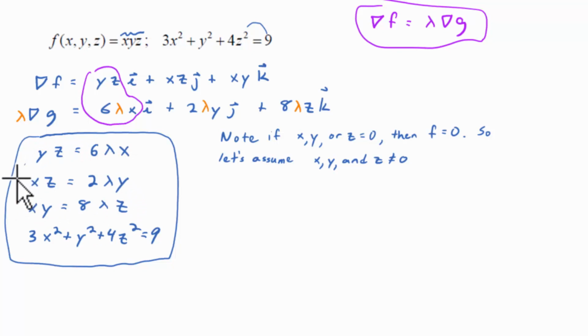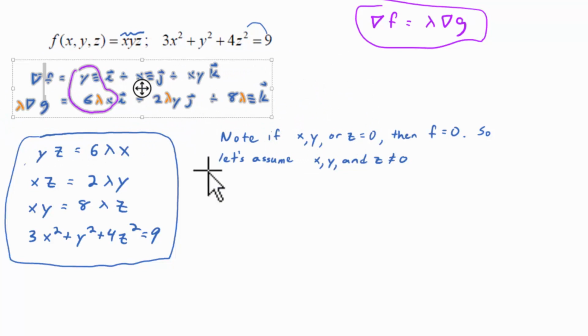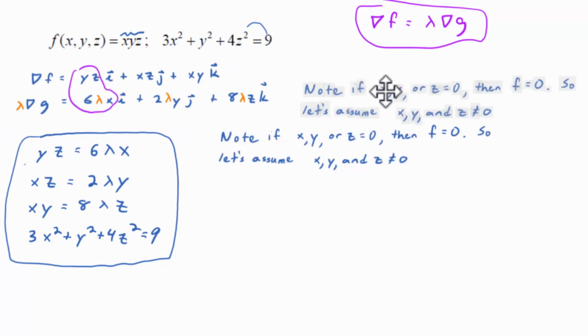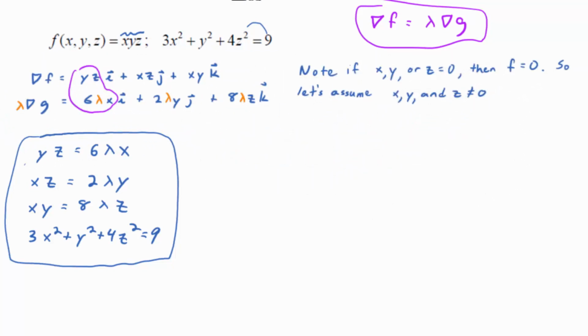Does that make sense? I think that's what I'm going to do. That's the first idea that pops into my mind. So just to organize a little bit and make some room here, I'm going to put this statement up here so I've got plenty of room down here.